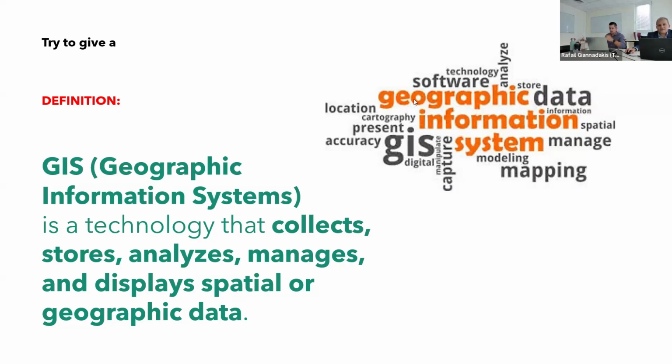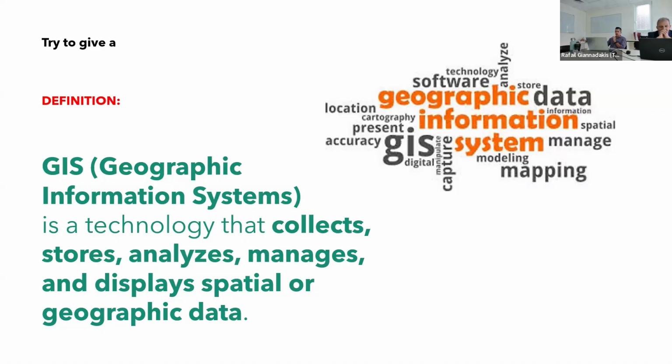So a definition of geographic information system, taking the words that you say, is a technology that collects, analyzes, manages, and displays spatial or geographic data. When you say geographic, it's spatial data, about the same word.